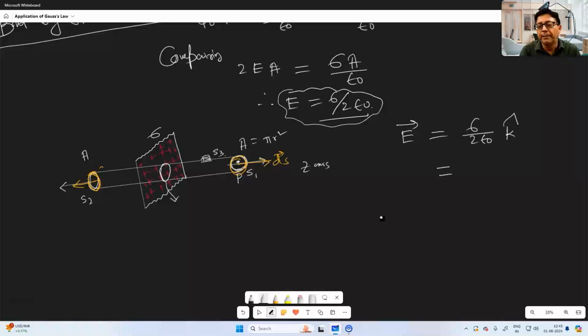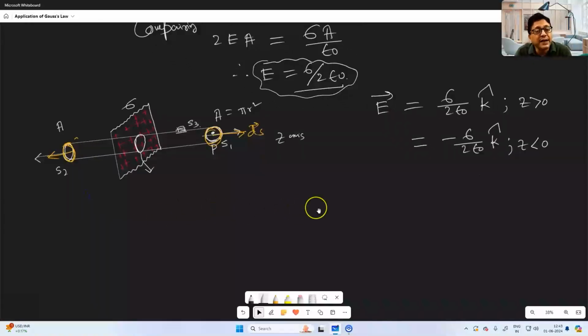It will be minus sigma by 2E0 K cap. This is for along the z axis, z greater than 0, and this is true for z less than 0. A problem arises if it has finite thickness.